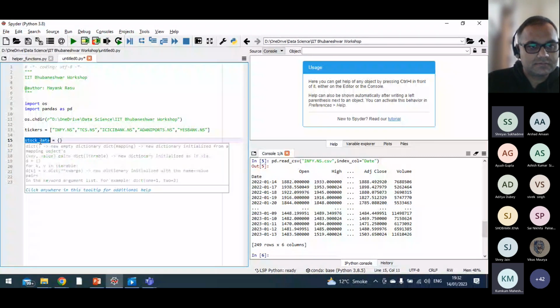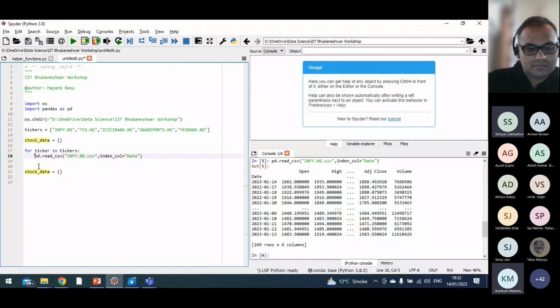stock data, key is going to be ticker, and then the value is going to be, sorry, I can type. So pd.read_csv here, instead of hard coding the name now, we can give ticker.